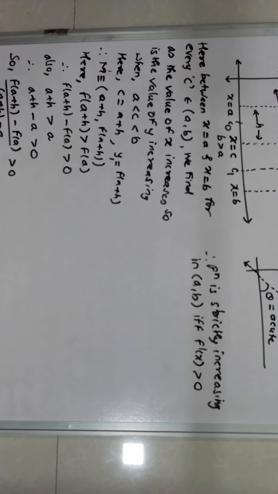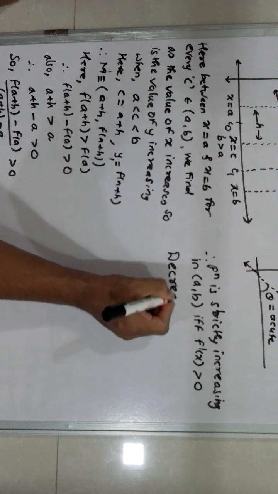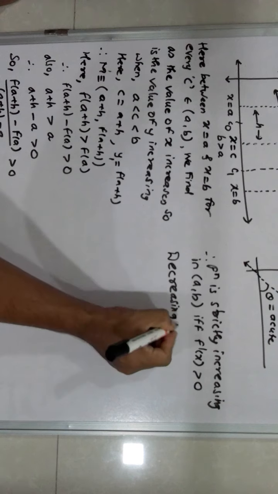So function is strictly increasing in A and B if and only if f dash x is always positive. Okay, so the same thing I can say about the decreasing function, which I am not writing now in detail. I am just discussing it. So what could be a decreasing function?